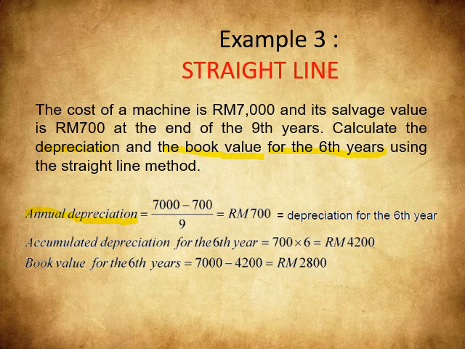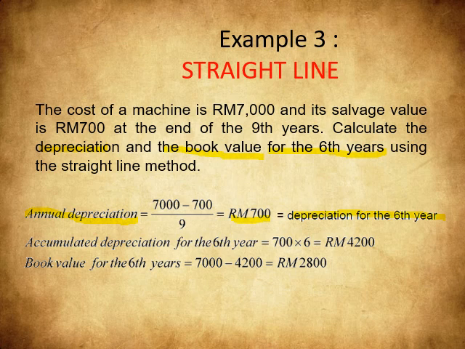Kalau annual depreciation is 700, maksudnya tahun pertama susut nilai dia 700, tahun kedua pun 700, tahun ketiga pun 700. Sebab tu 700 adalah jawapan kepada soalan ini, iaitu depreciation for the 6th year. So ini dah menjawab soalan yang pertama.